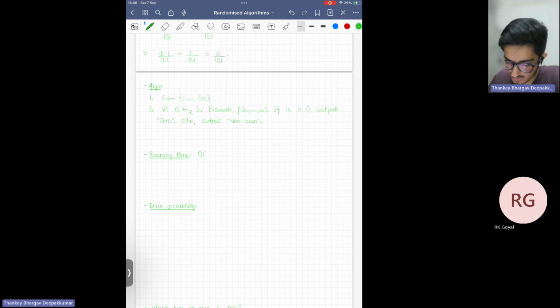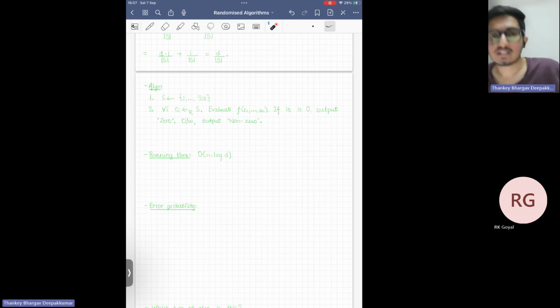So there is order n already there, times log d, because I'm choosing from this set. It has 2d many elements. So to pick a random element from here, I would need log 2d many random coins. That's why you get this extra log factor.